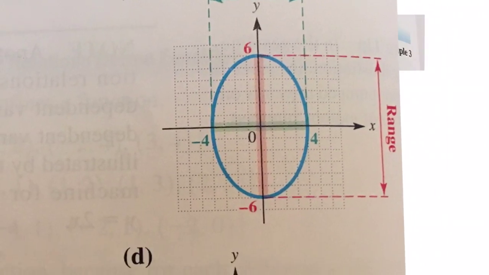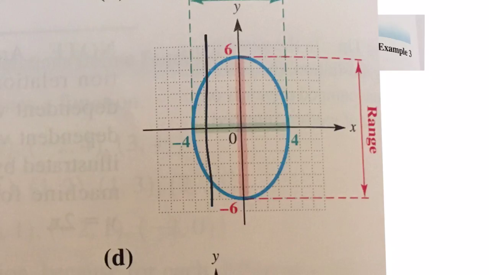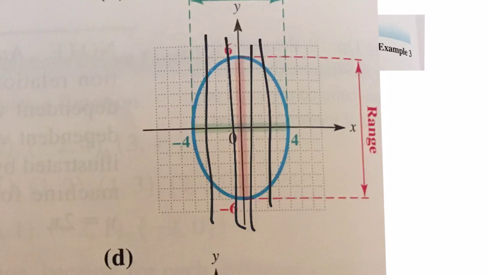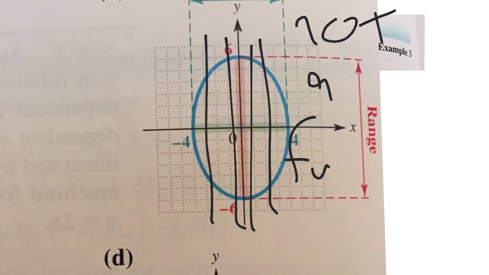Part B, you can tell this fails the vertical line test at infinitely many points, so this would be not a function.